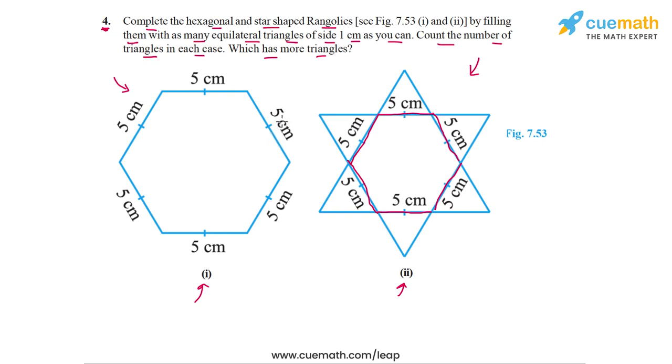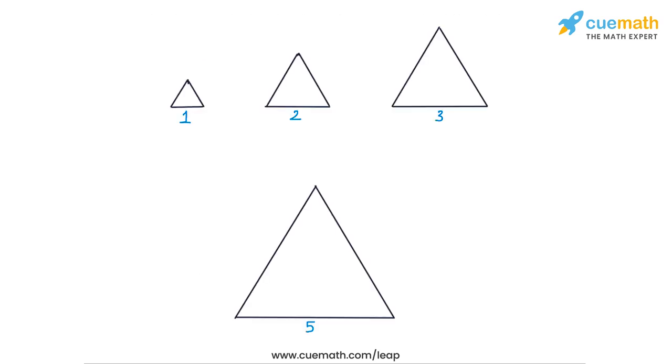But to understand how to count the equilateral triangles and how many equilateral triangles we can draw within each of these figures, I want you to think about this sequence of equilateral triangles that I have drawn here. So the first one is of side 1 and the second one is of side 2. This one, the third equilateral triangle, is of side 3, and this here is of side 5.